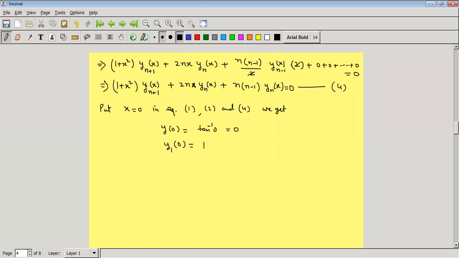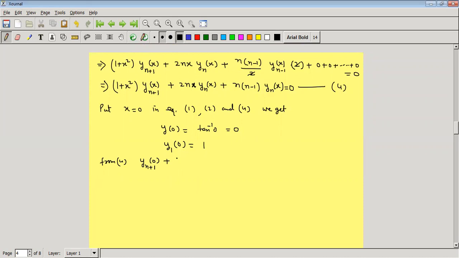Now from equation number 4, when we put x equal to 0, we get y(n+1) at 0 plus 2nx, and when x equal to 0 this whole term becomes 0.